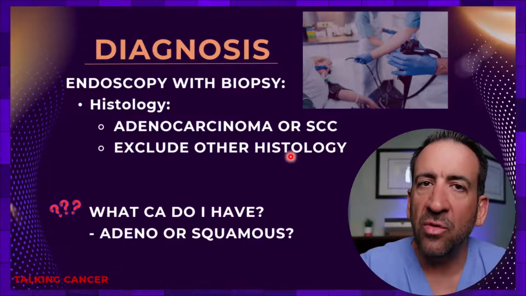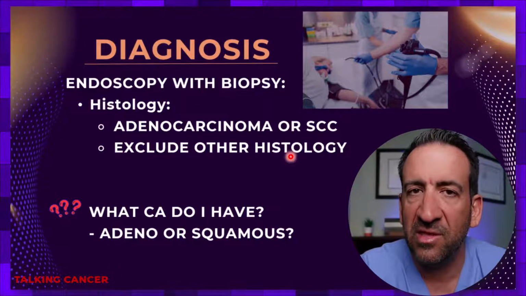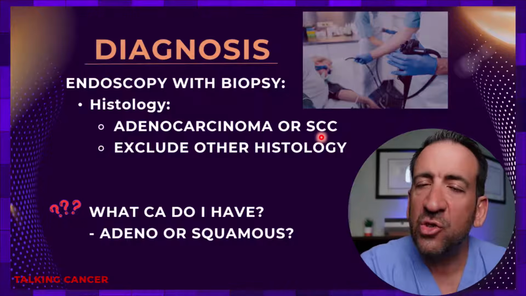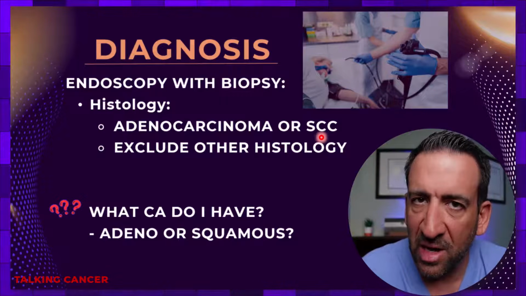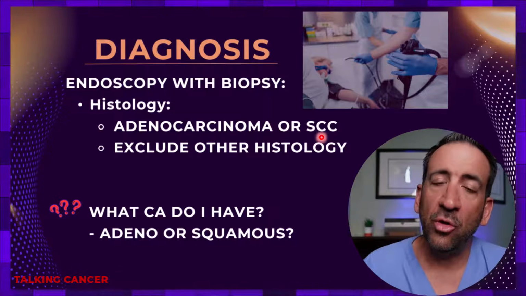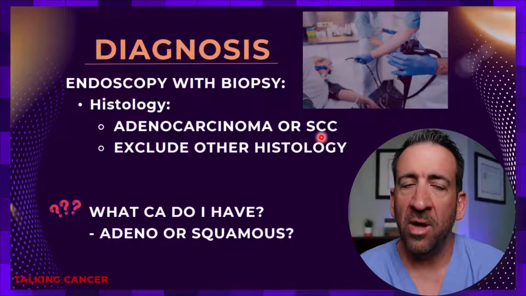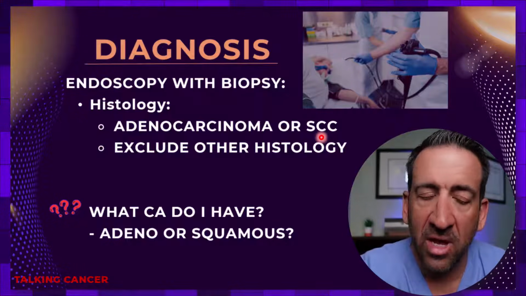But I have to tell you that 99% of the time, it's going to be either an adenocarcinoma or a squamous cell carcinoma. So this is the time you should find your pathology result and find out, do you have an adenocarcinoma or a squamous cell carcinoma? Because this will definitely have treatment implications, okay?